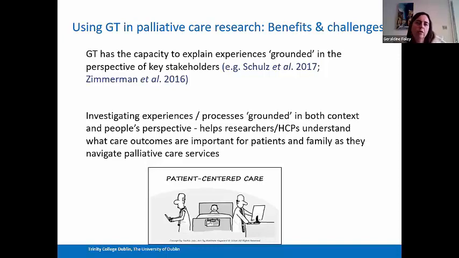If you understand why you use it and how it's different to other qualitative methods, and we're very much invested in treating the patient and the family caregiver as the unit of care, as the central aspect of their care, then the process of GT is very relevant, very useful, I think, for vulnerable groups in palliative care research.